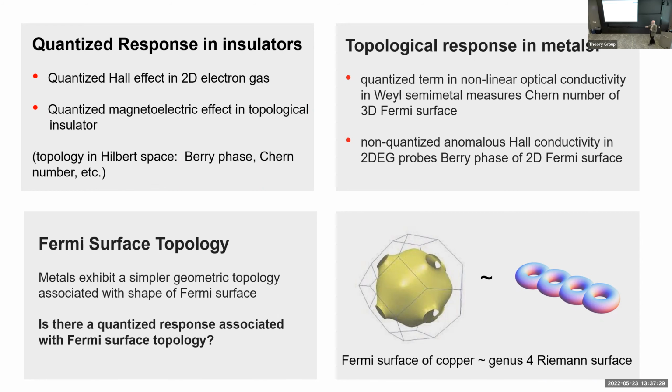But if you did, you've seen this picture, which is the Fermi surface of copper. It's a sphere, but it's a little bit too big for the Brillouin zone, so it has these little handles that go across, which makes the Fermi surface of copper have the topology of a genus 4 Riemann surface.